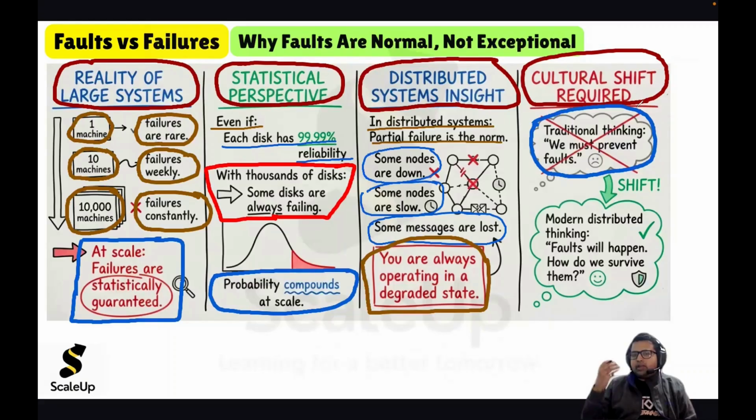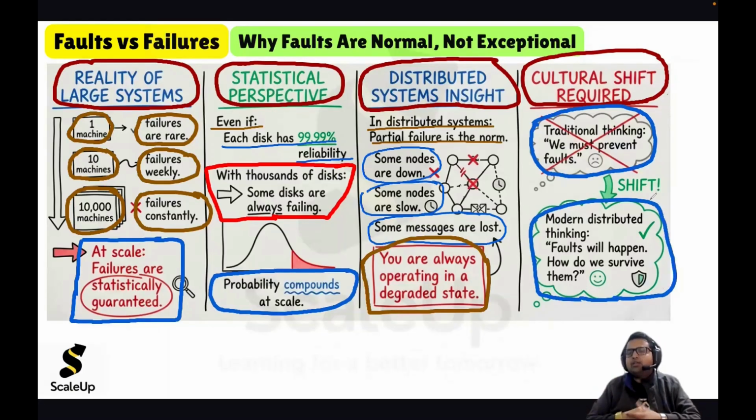So there is a need for a shift in the mindset. You should not think about preventing faults. Rather, you should assume faults as normal. They will occur, and you should plan to handle those faults.